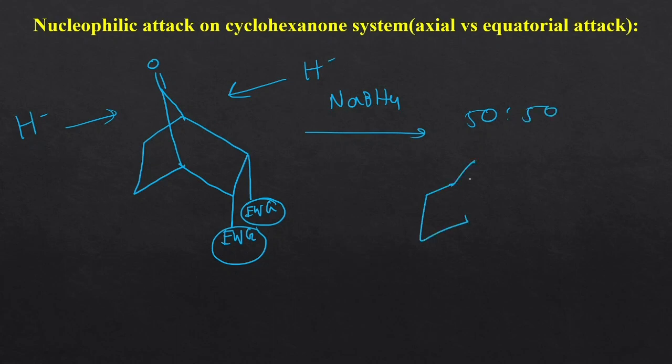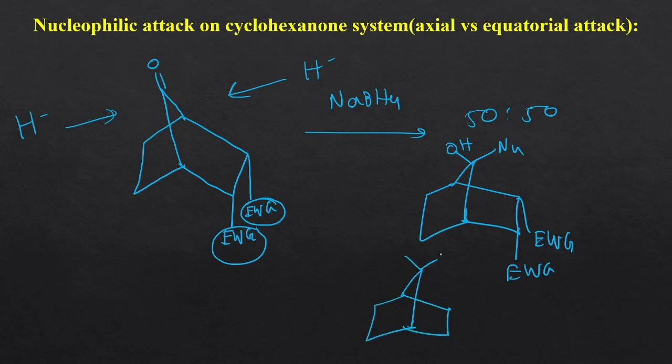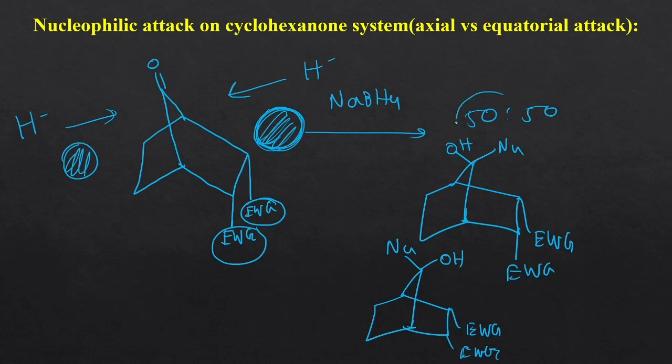So we can think that the nucleophile can come from either this side or from the other side, because that should not be the factor, whatever the nature of this group is, that is present in the below position. So there is no steric hindrance in this side. So from here the attack is as facile as this side. So we should get, I repeat, we should get a 50-50 mixture, but it's not happening.